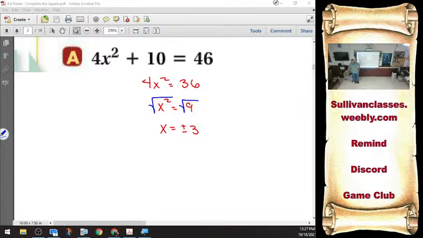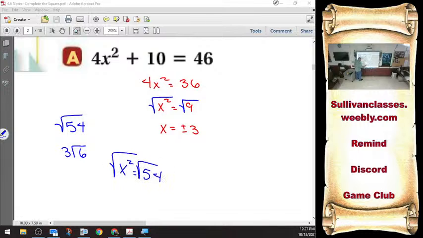Both a 3 and a -3, when squared, will make 9. So if I'm simplifying radicals and they're just hanging out there, if I just saw square root of 54, I would call that 3 square root of 6. But if I was saying x squared is 54 and then I put the square root in there, now I have to have the plus or minus because I put the square root there.